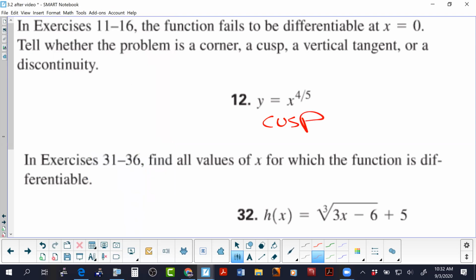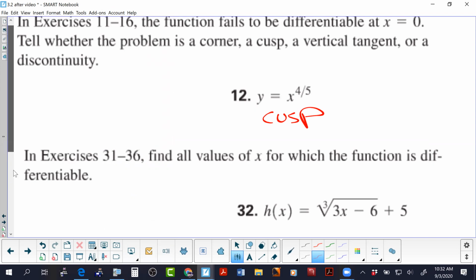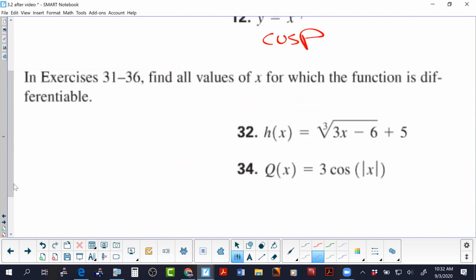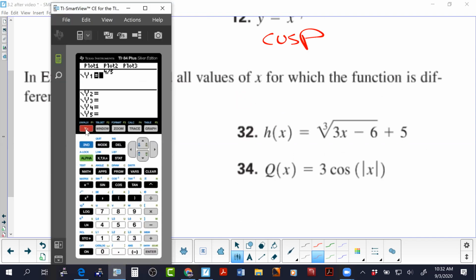Find all values of x for which the function is differentiable. All right, number 32. Third root, that's in math. I think number 4 is third root. 3x minus 6 and plus 5.